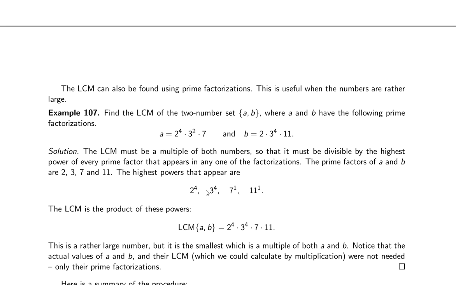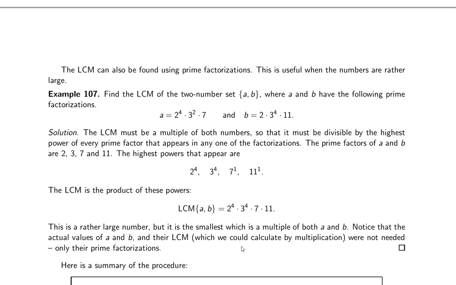So the LCM of these two numbers is the product of all these. Again, we're choosing the highest power of each prime that appears. You can see A is a factor of this, B is in here. B is a factor, and this is the best you can do, the smallest common multiple.